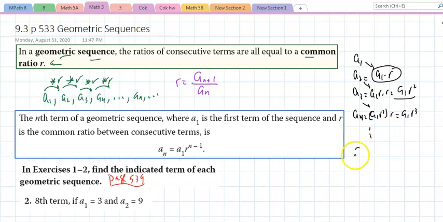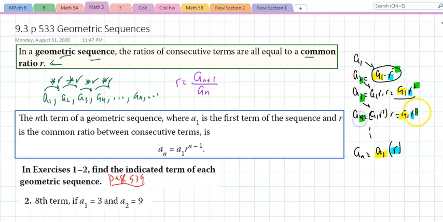And if the list goes on, A sub n, well, you notice all the terms, what they have in common, A sub 1 is common in all of those. And R is common in all of those. The only variation is the power. It seems if this is 2, there's an R to the 1. If this is 3, there's an R squared.